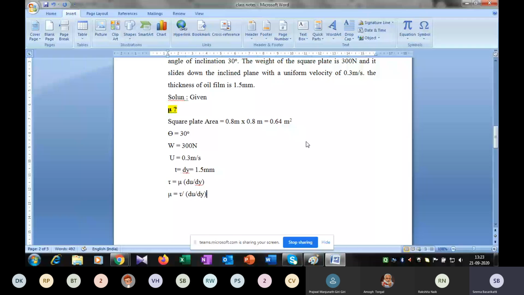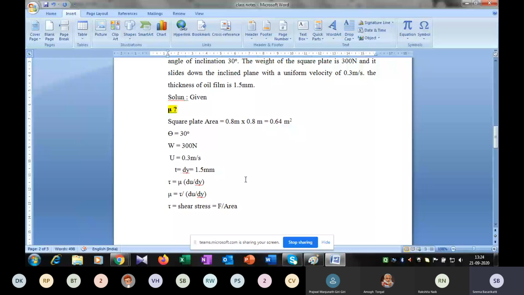Okay. So now, what do you mean by tau? Shear stress, ma'am. Okay. What is the definition of shear stress? Force by area. Okay, very good. So it is force divided by area.